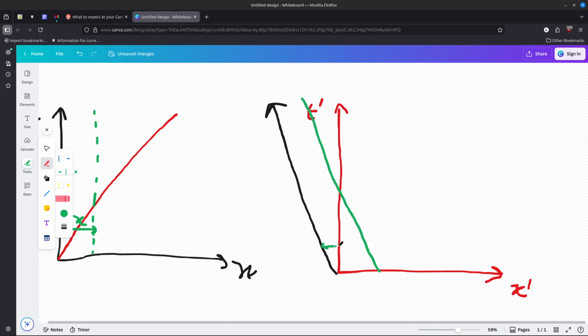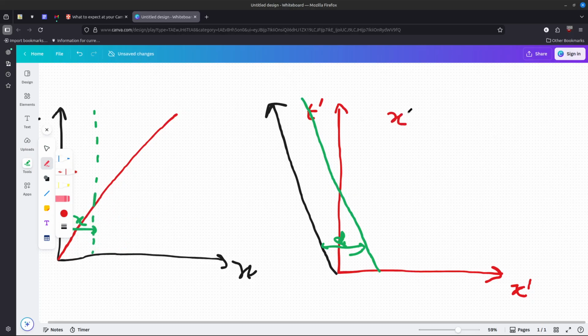maintaining this distance the same, but relative to the x-axis, they're going to be moving with a speed of, let me write this in the color that I used.